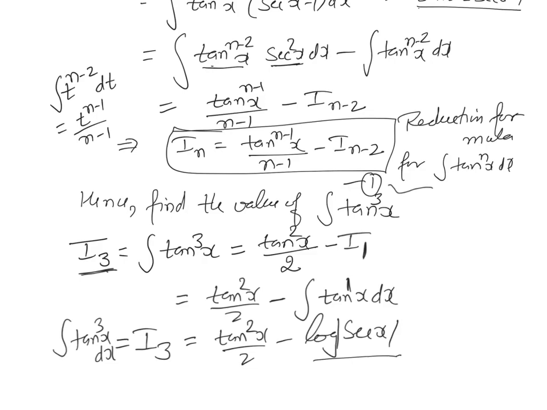Hence its name, reduction formula, because the type of the integral has been reduced to a simpler one. In this case the integral was involving tan raised to the power n, now it will be involving n minus 2 only. So hence the name, it's a reduction formula.